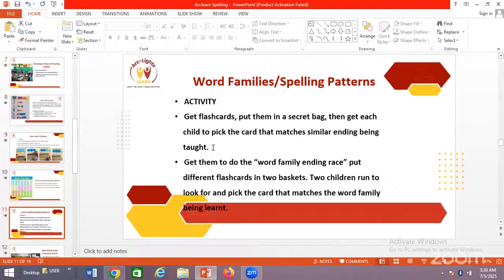Like I said, you already know the word family ending you're learning. Put flashcards. The children run to the basket. The first person, they will look for the card. The first person to pick the right card runs back to you or wherever they're supposed to run back to. Okay? Can you hear me?